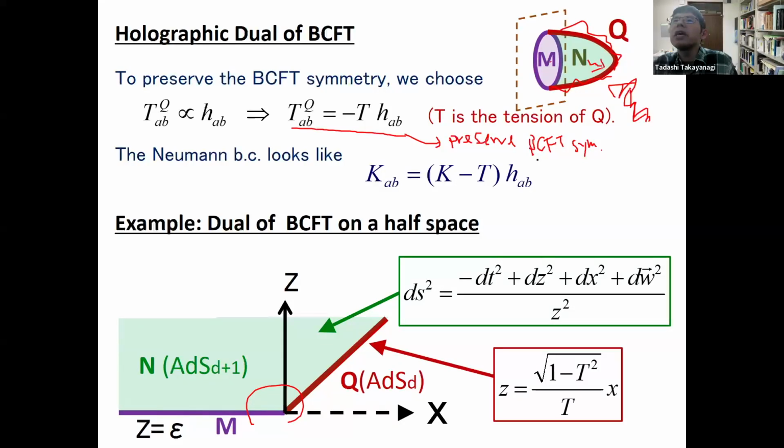So this means that you excite some BCFT in the bulk, and that gives some effect at the boundary. The degrees of freedom of Q are equivalent to the boundary degrees of freedom of M. So if we excite the CFT in the bulk region M, it affects the boundary dynamics. That's the thing.